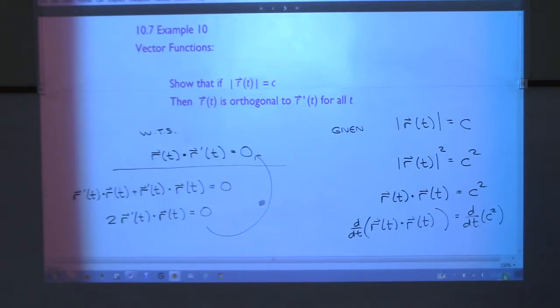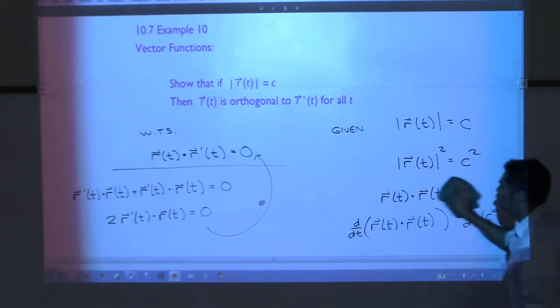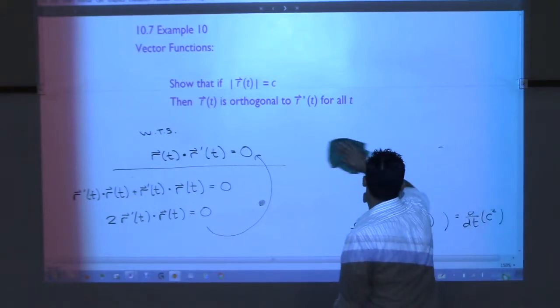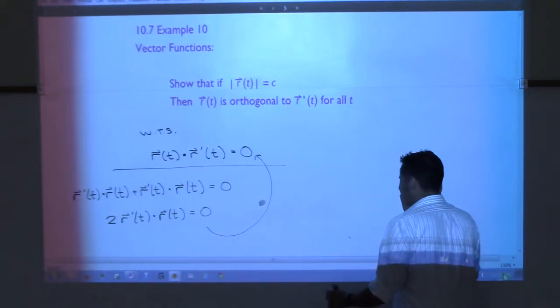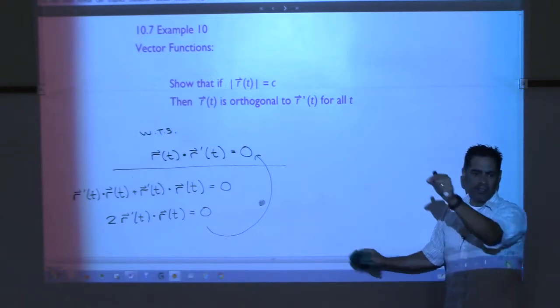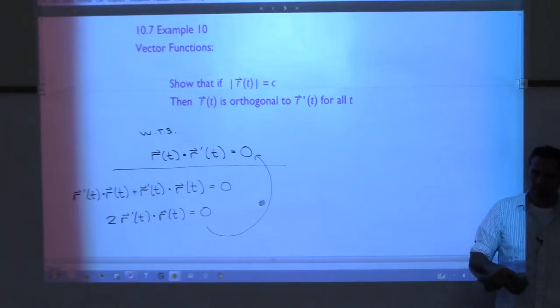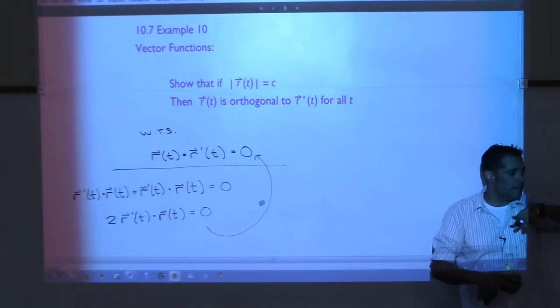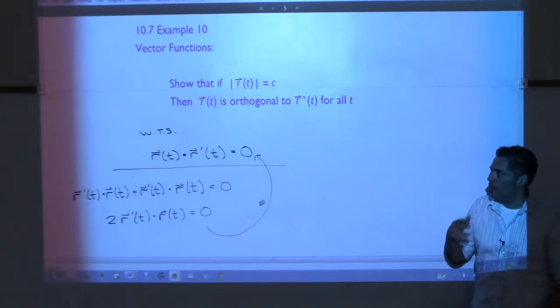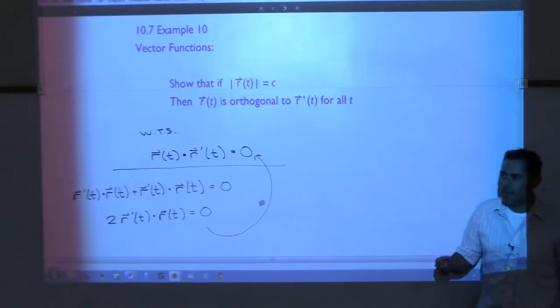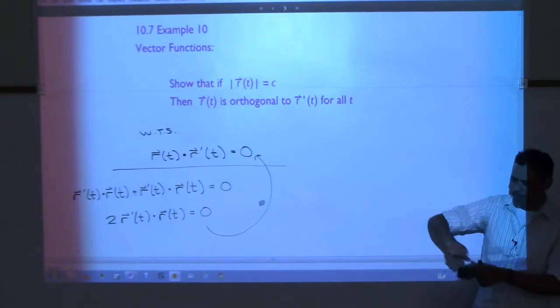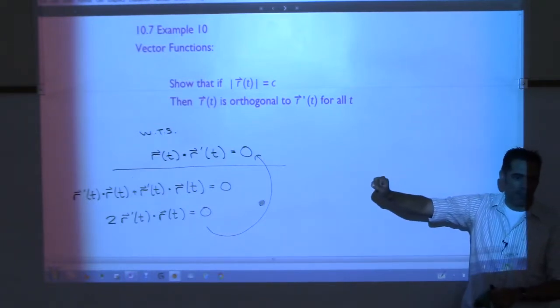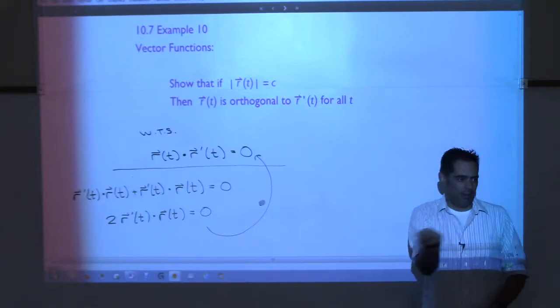Okay, that's it. So for any vector function that maintains a constant distance from the origin, that derivative vector will always be orthogonal to the vector function itself. So obviously a circle does that, but another example of a three-dimensional one would be, imagine I had a string with a ball on the end of it, and I start swinging that around, okay?